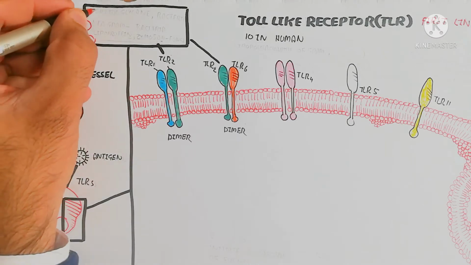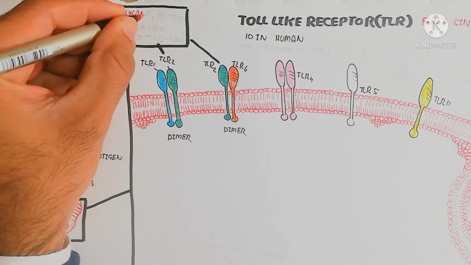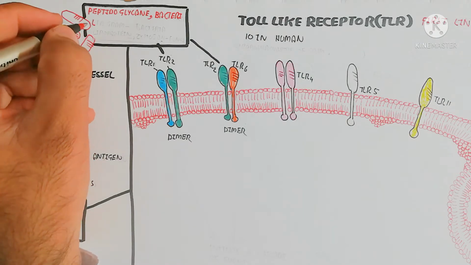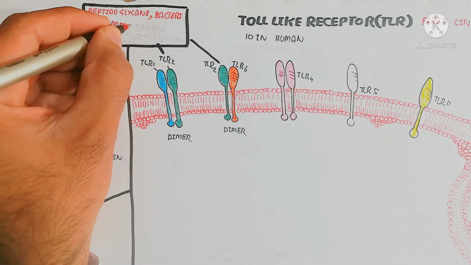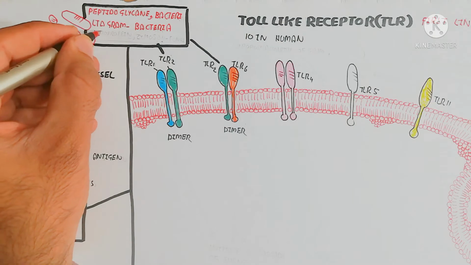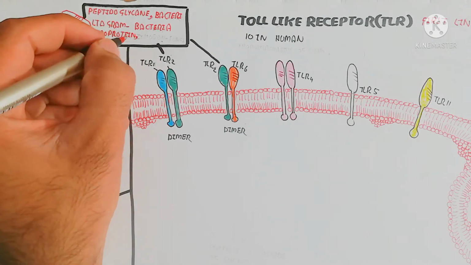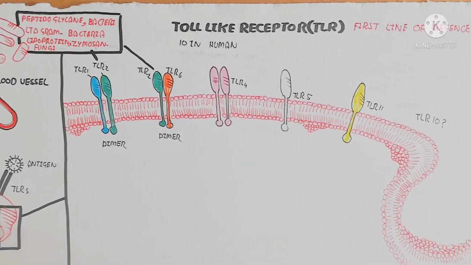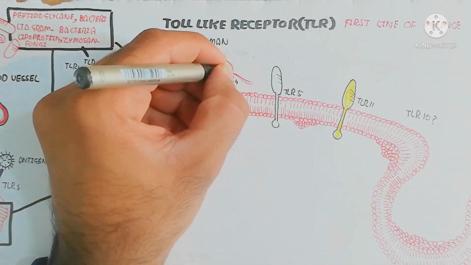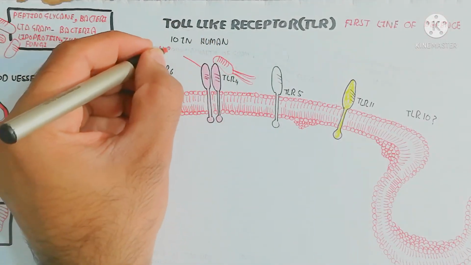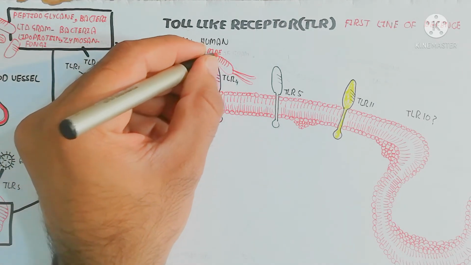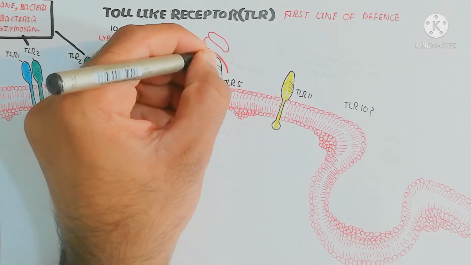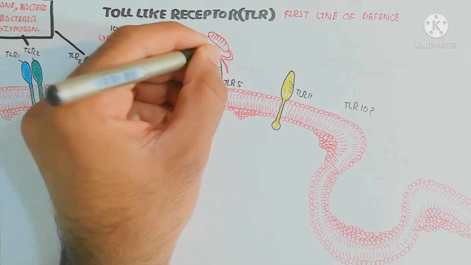Here you can see the peptidoglycan of bacteria, gram-positive and negative bacteria, and lipoprotein and zymosan in fungi, which are recognized by Toll-like receptor 1 and 2 as well as 2 and 6. Toll-like receptor 4 is a dimer where both are the same, so it is a homodimer, not a heterodimer.